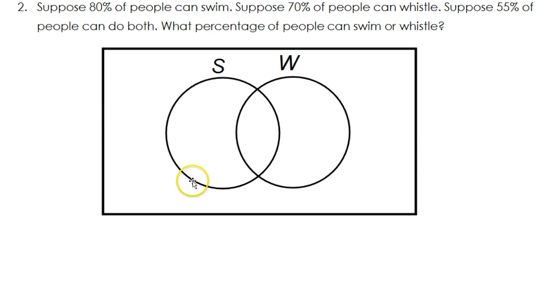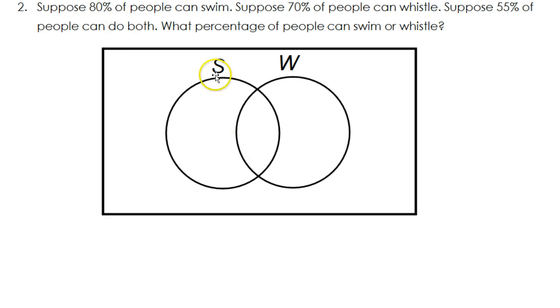To make it easy to remember what we're dealing with, let's label the first set S for the proportion of people who can swim, and let's label the second set W to represent the proportion of people who can whistle. And then we've got the proportion of people that can do both.